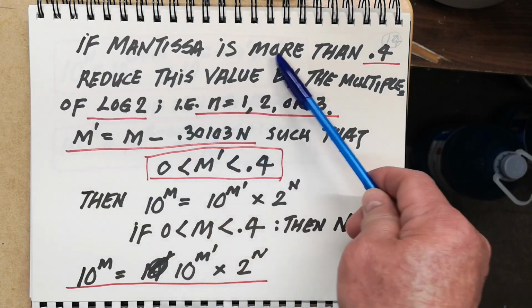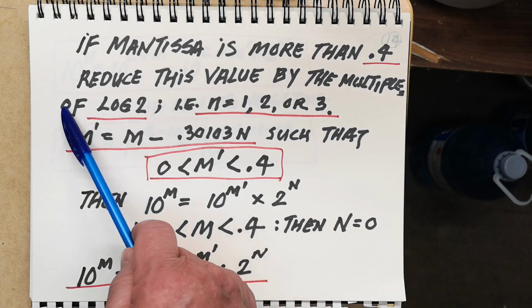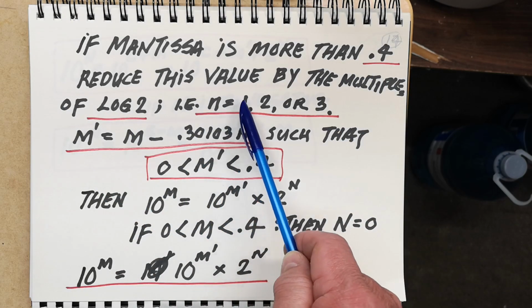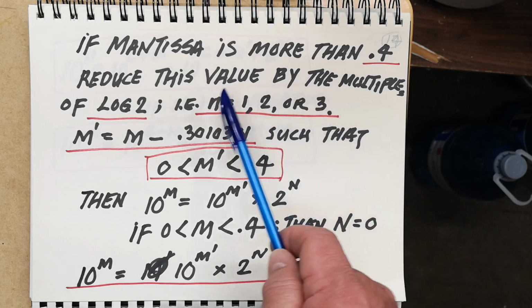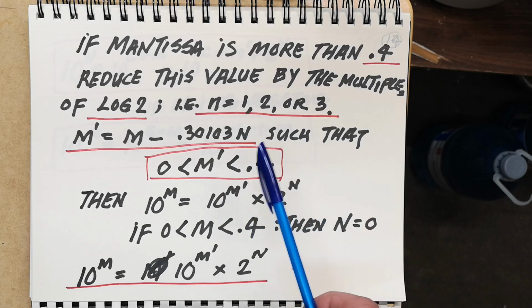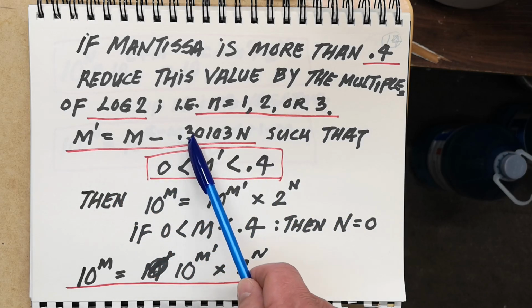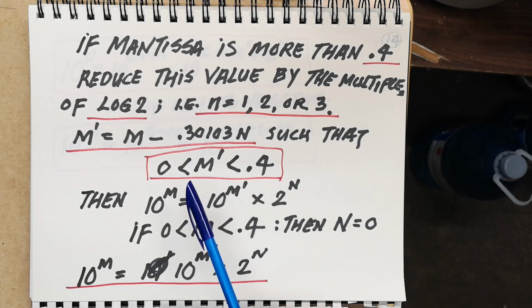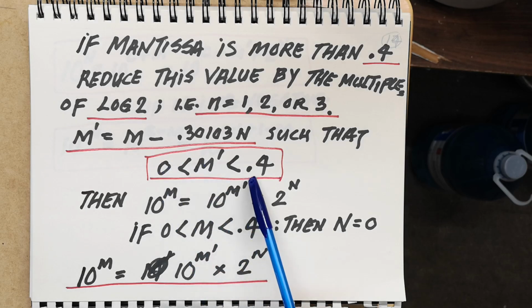If the mantissa is more than 0.4, reduce this value by a multiple of log of 2, i.e. n could be equal to 1 or 2 or 3 depending on the value of the mantissa. So m prime is equal to m minus 0.30103 n, such that the new m prime will be between 0 and less than 0.4.